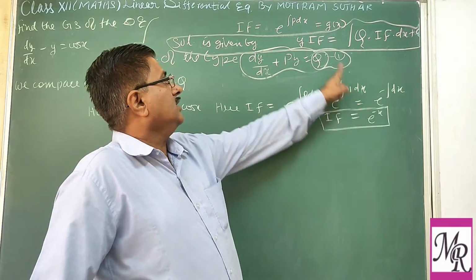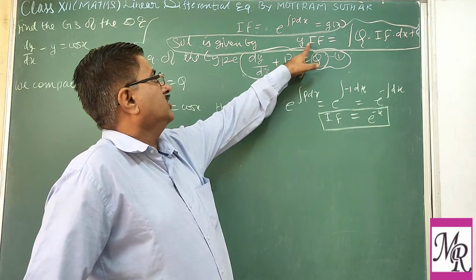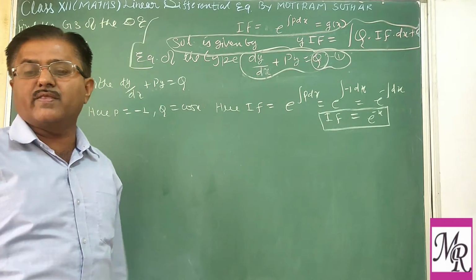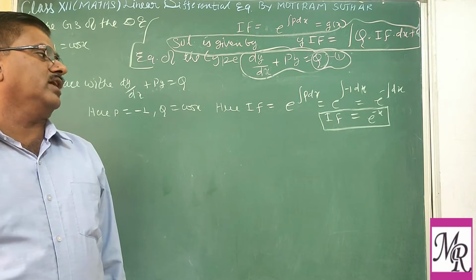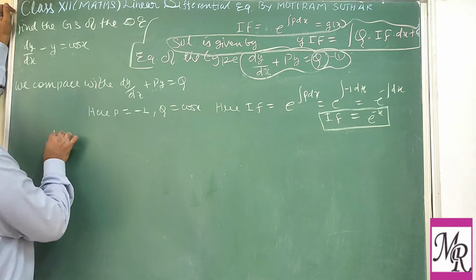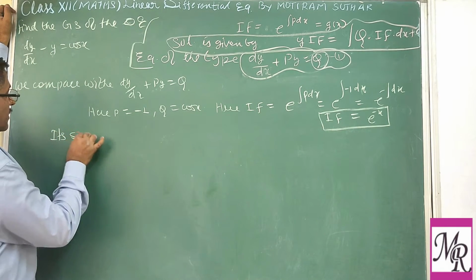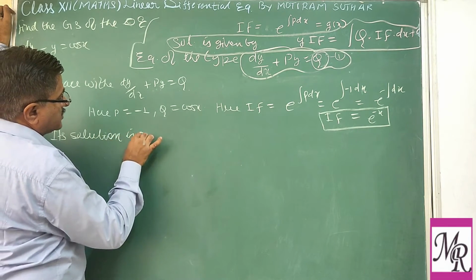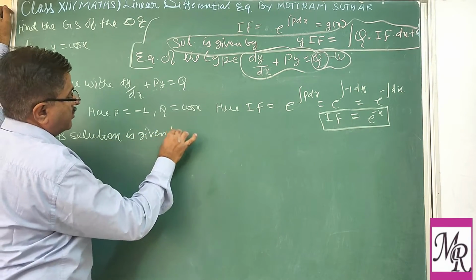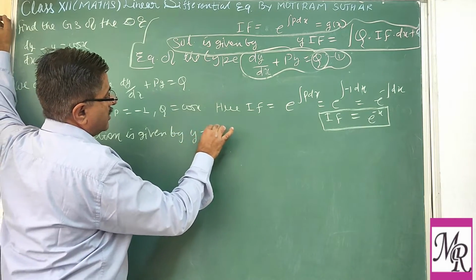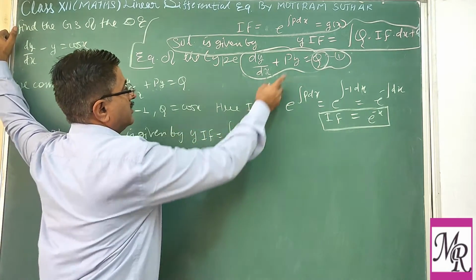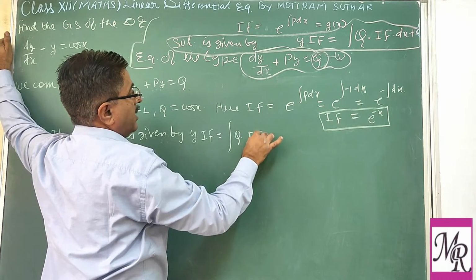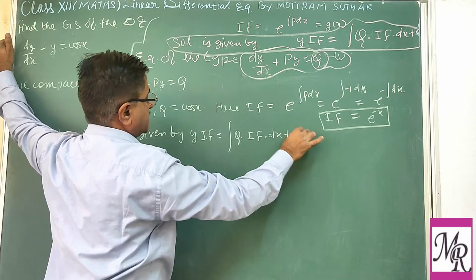After getting the integrating factor, the solution is given by the direct formula, or you may use the general method, which is somewhat longer than this one. So you can write its solution as y into integrating factor equal to integration of q into IF into dx plus c.